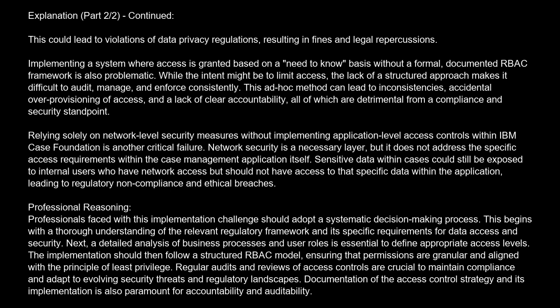The implementation should then follow a structured RBAC model, ensuring that permissions are granular and aligned with the principle of least privilege. Regular audits and reviews of access controls are crucial to maintain compliance and adapt to evolving security threats and regulatory landscapes. Documentation of the access control strategy and its implementation is also paramount for accountability and auditability.